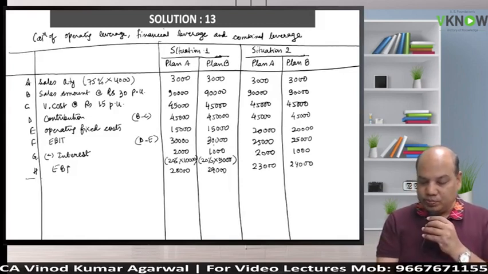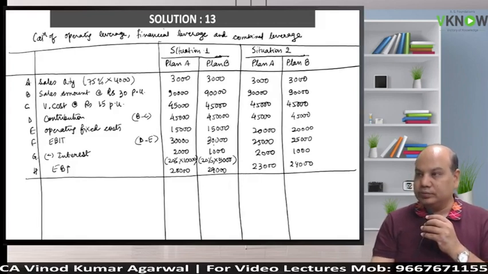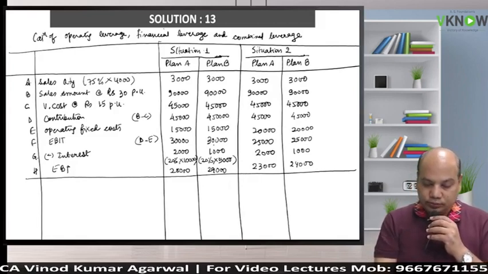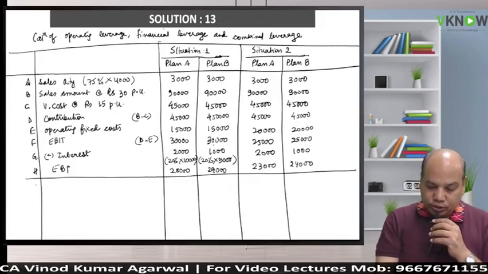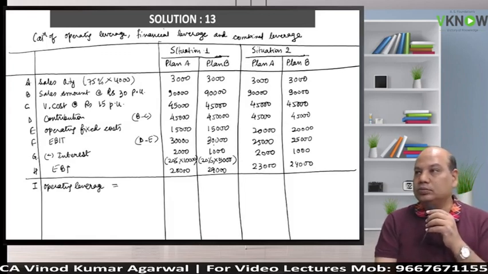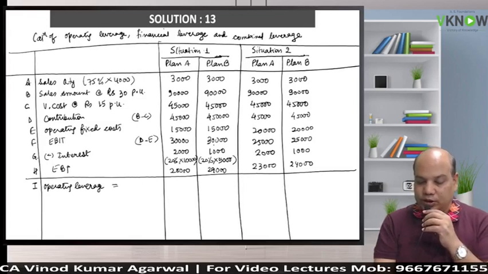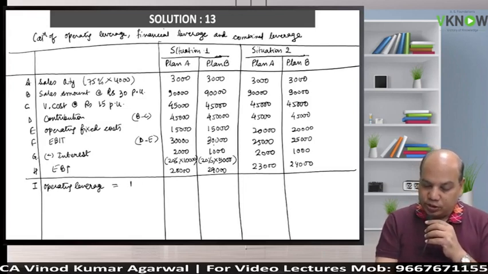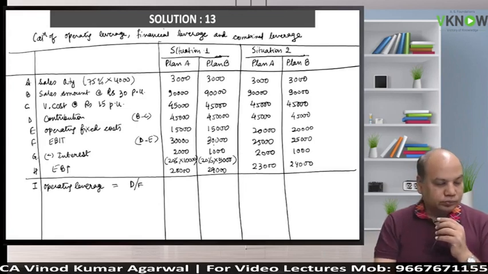Any query on this basic working? No, sir. Then write down point number I, operating leverage. What is the formula? Contribution upon EBIT. Contribution is point number D and EBIT is point number F. So D by F. Students will take the calculator.